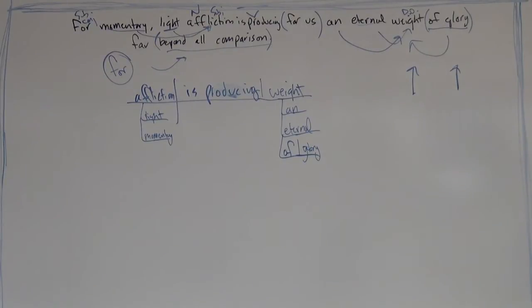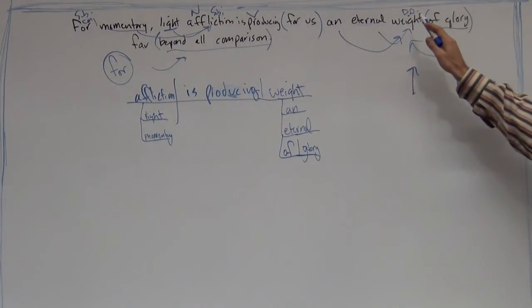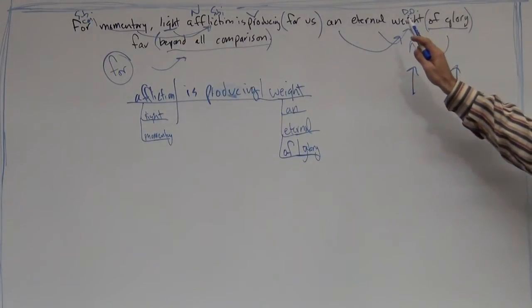Dana, are you still thinking about far and the relationship to that? I'm still trying to figure that whole thing out. No, that's right. Because if you have the question, somebody else probably has the question too. I'm still not seeing what far is talking about. Is it talking about the weight is far beyond? Good question. Is it a far weight? Nah, that doesn't sound right. It kind of sounds funny.